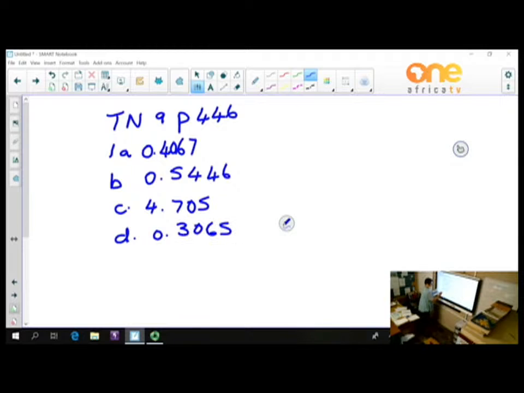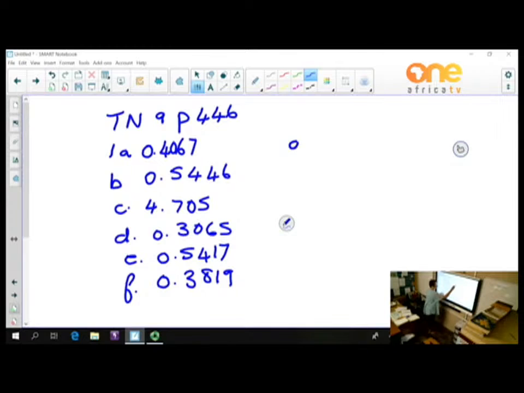0.3065. Number E, sine 32.8 is equal to 0.5417. Number F, tan 20.9 is equal to 0.3819.